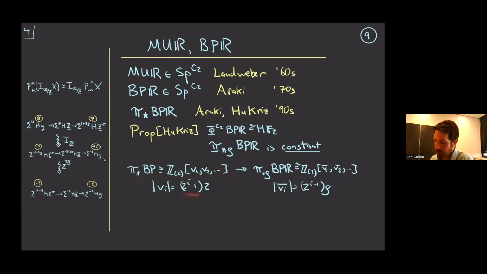Okay, so this is a classical computation, and because these are constant, now we know the Mackey functors, or if we want just the groups, in multiples of rho for BPR. It's the same values over here, and now we have a corresponding element over here which restricts to the v_i at the underlying level, and so those are denoted the same thing but with a bar on top. So this is an equivariant class. It's in degree a multiple of rho, but it restricts to the corresponding v_i for BP.